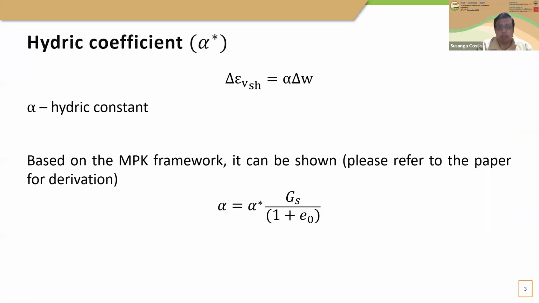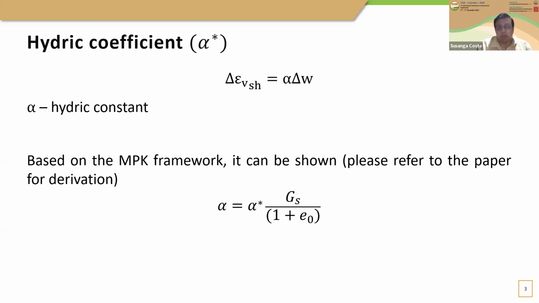I would like to give you the theoretical background for our study before I describe the experiments. When the stresses are analyzed in terms of moisture content variation, the potential strain can be obtained using a constant of proportionality known as the hydric constant, alpha, in this equation here, and the difference of moisture content.